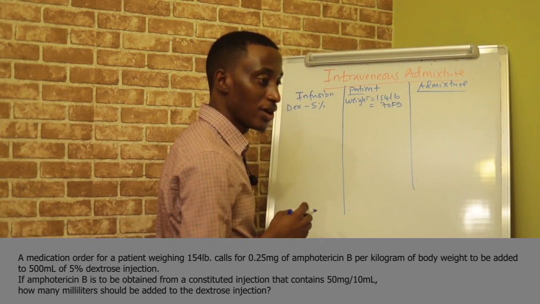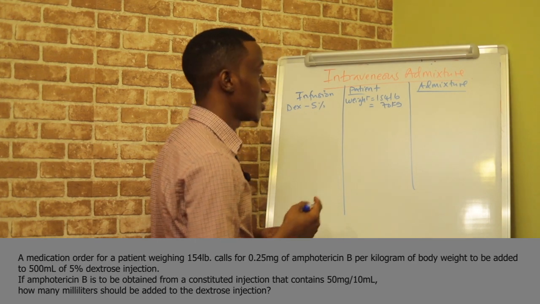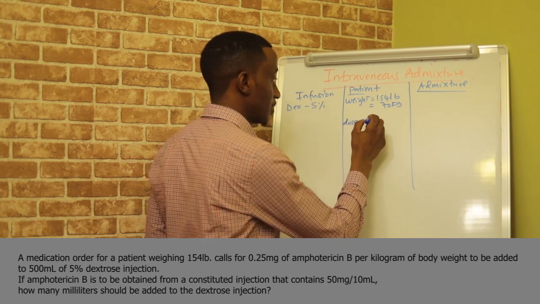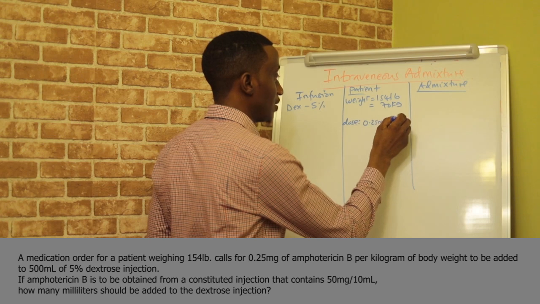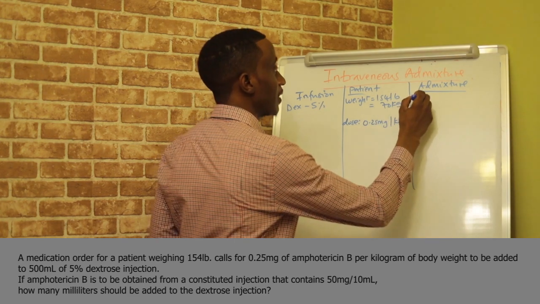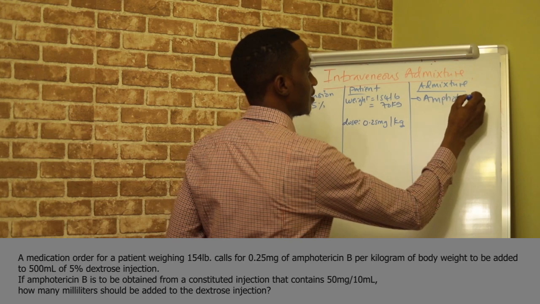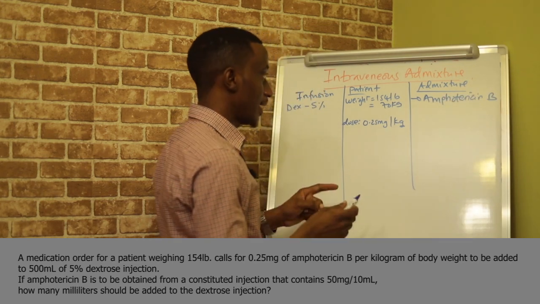It calls for 0.25 milligrams of amphotericin B per kilogram of body weight. So the dose for this patient is 0.25 milligrams per kg of what? The admixture is amphotericin B. Okay, to be added.